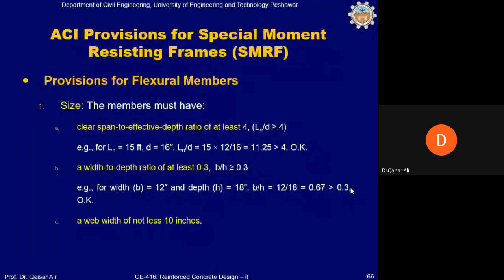So in order to make sure that this slenderness along the depth of the beam does not occur, the ACI code has placed this restriction. The other restriction is on the width of the beam, that the beam shall not have a width less than 10 inches. So the minimum width of the beam shall be at least 10 inches or more than this.